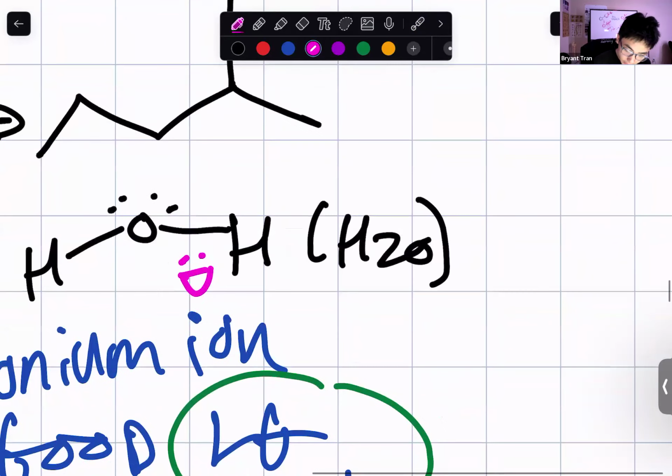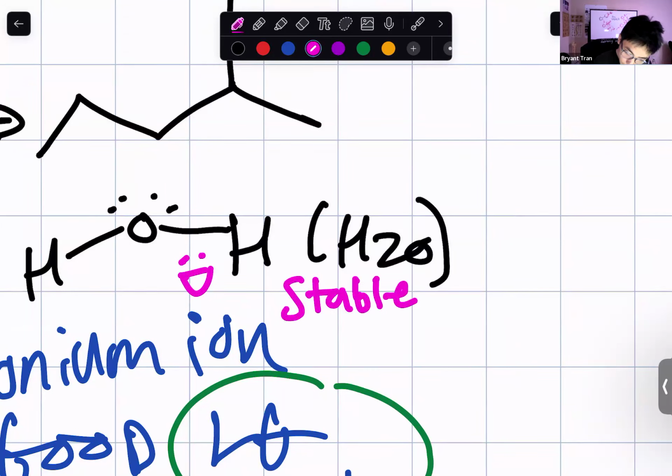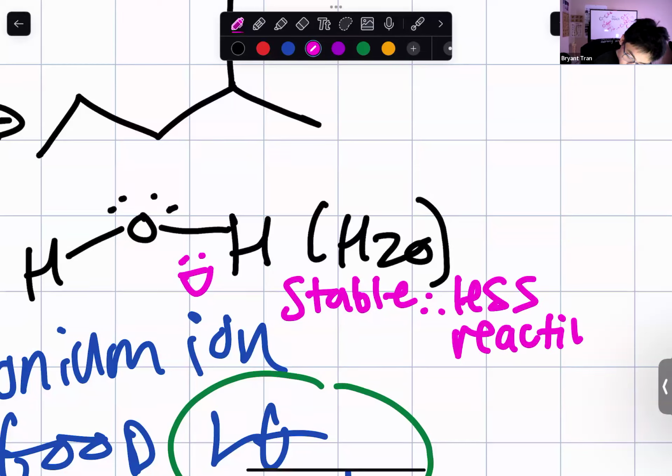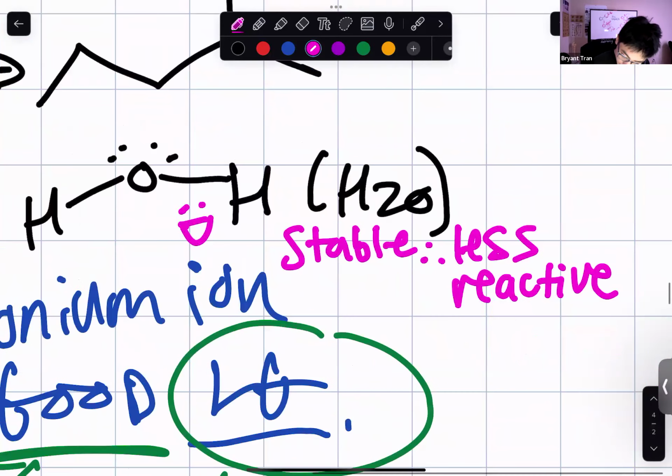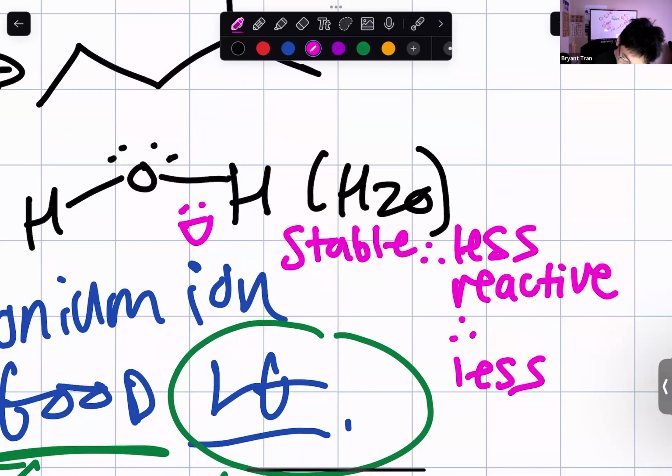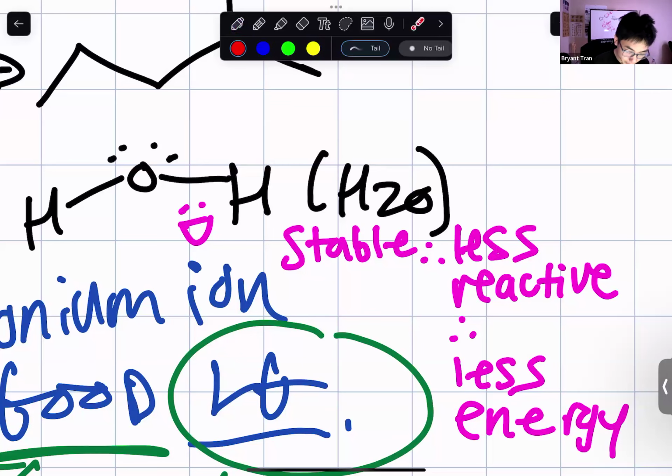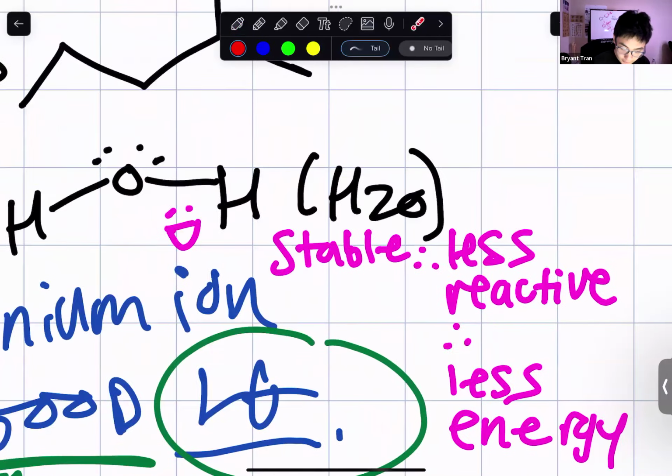Making it stable, which makes it less reactive, aka less energy. So this is important to know for conceptual questions, especially for Levens, because she will have a lot of vocabulary questions on her quizzes.